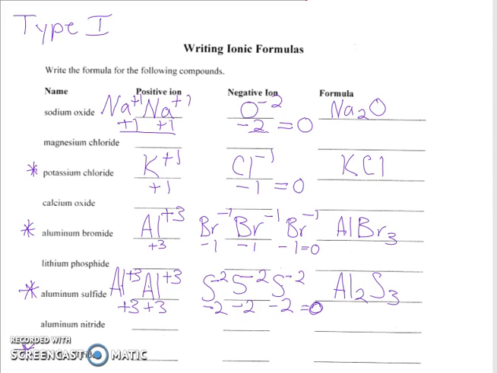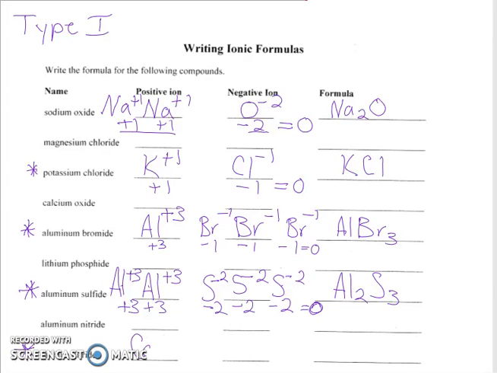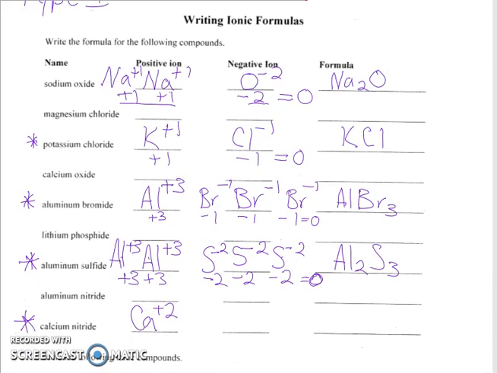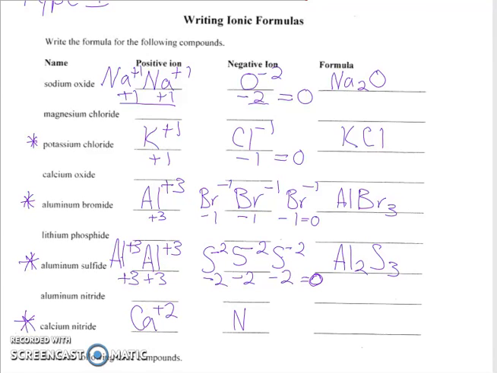When we do calcium, we can look at the periodic table and see calcium is right here. This row loses 2 electrons. So the charge for calcium is +2. And when we look at the periodic table, we find nitrogen. Nitrogen gains 3. So if we have a plus 2 and a minus 3, that doesn't equal 0 yet.